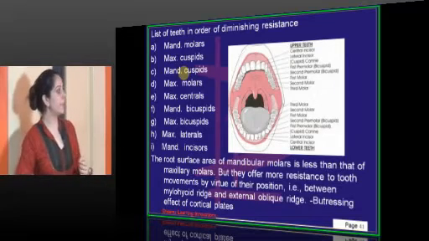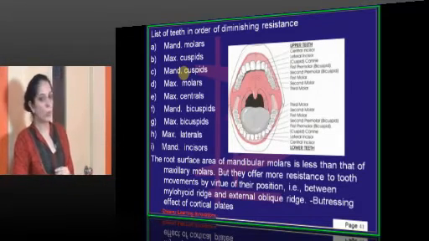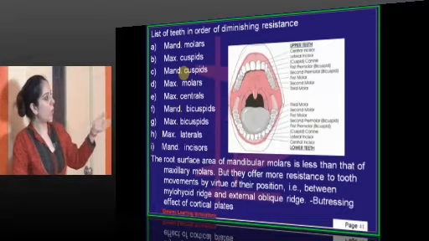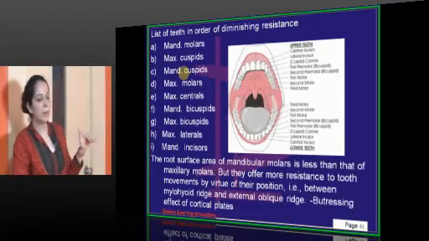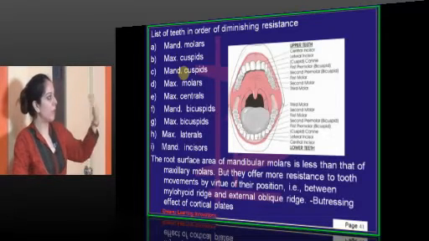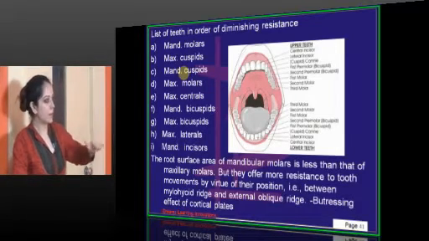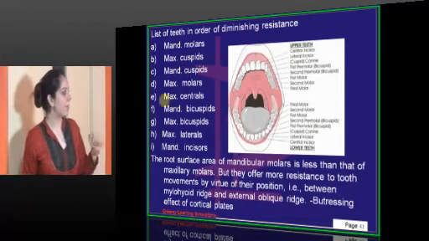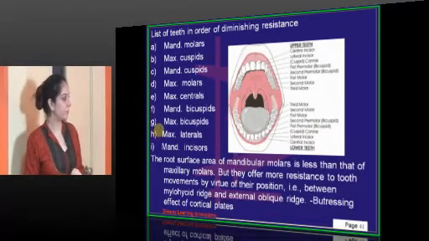So the highest is the mandibular molars and the lowest is the mandibular incisors. And mandibular molars followed by maxillary cuspids and mandibular cuspids, followed by maxillary molars. So it is not mandibular and then maxillary molars. Mandibular molars, maxillary cuspids. Mandibular cuspids, maxillary centrals, like that.